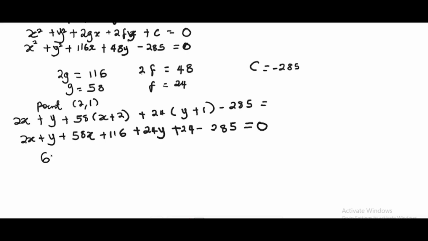Then 116 plus 24 minus 285 will give us minus 145 is equal to 0. But if you look at this equation, it can actually be reduced. So if I divide through by 5, 60 by 5 will give me 12, so I have 12x. 25 divided by 5 will give me 5y. And then 145 divided by 5 will give me 29 is equal to 0.